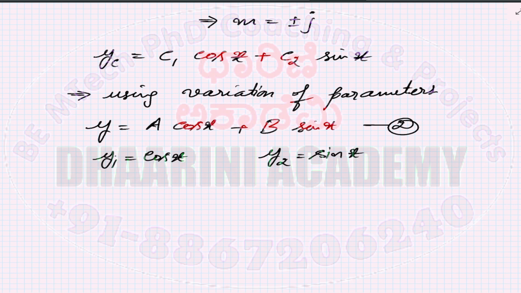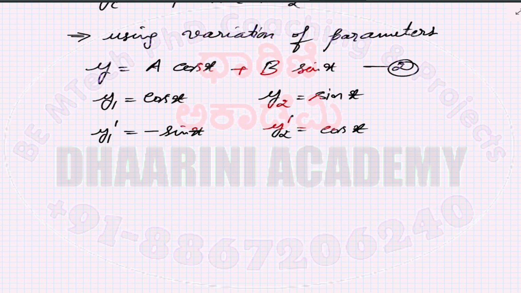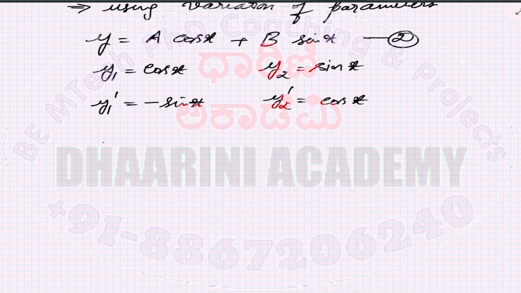All right, then we need y1 dash. Differentiation of cos x is minus sin x, and y2 dash is the differentiation of sin x, that is cos x. Okay, then we need w.